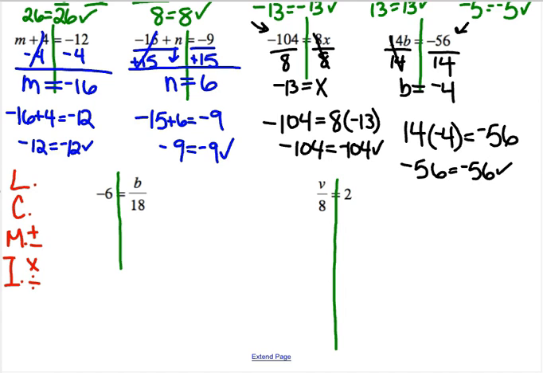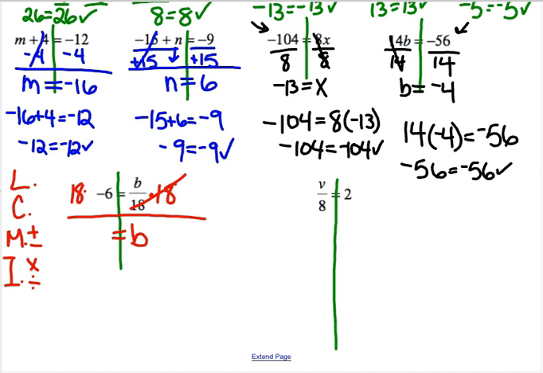In order to isolate my variable and get it all by itself, you need to do the opposite of what it is telling you. Since it is telling you we are dividing, the opposite of dividing is multiplying. So you must multiply each side by 18. By doing that, the denominator cancels out, leaving you with just b.